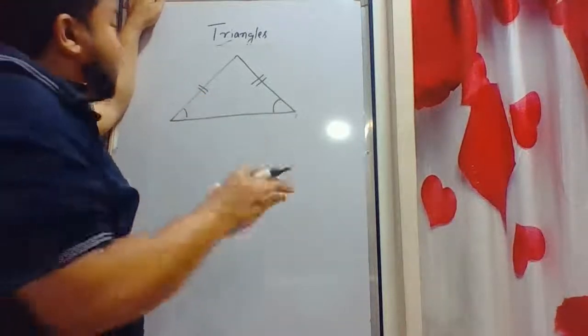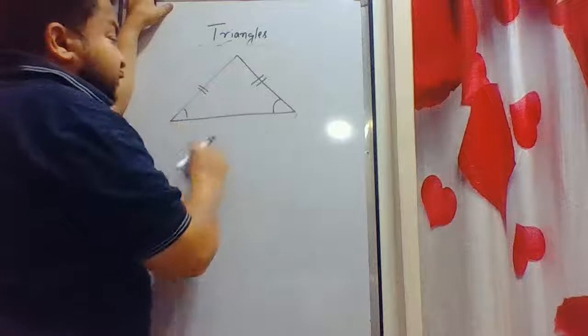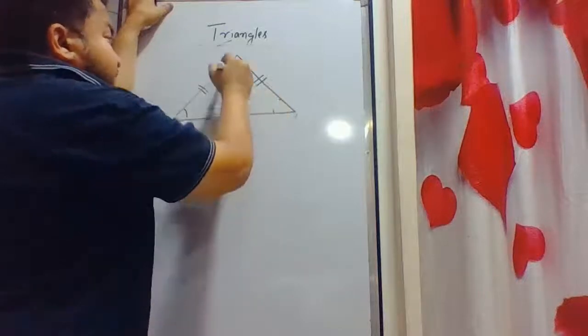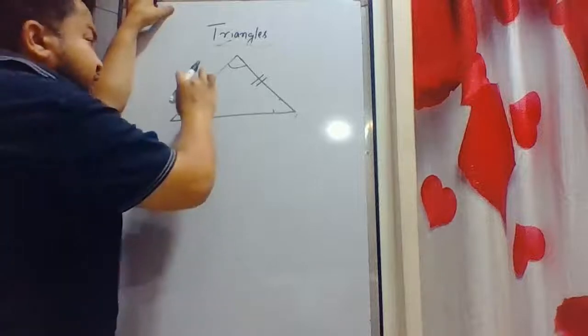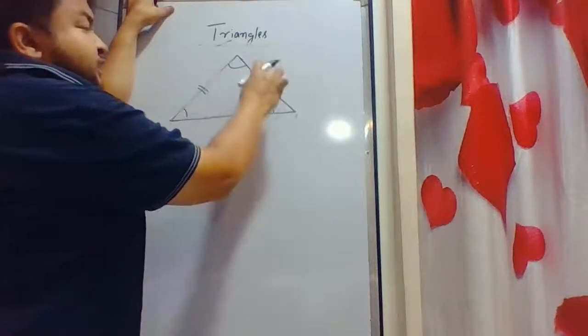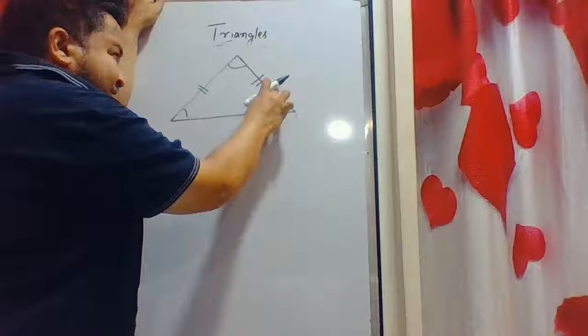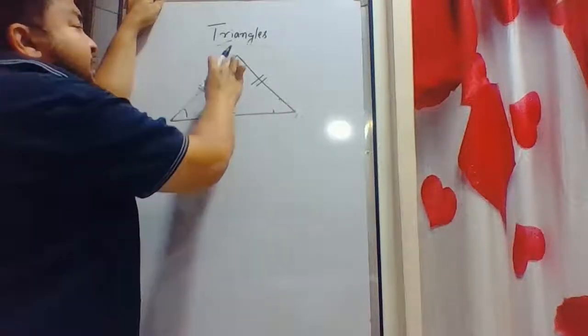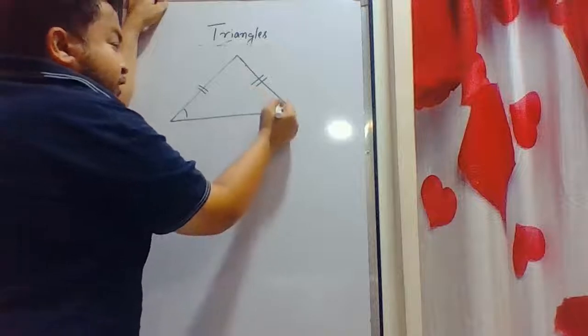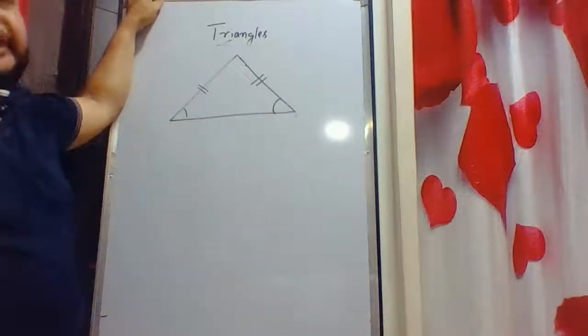Just because it is an isosceles triangle, I cannot say that any two angles would be equal, because if this side is equal to this side, then the angles opposite to those sides have to be the same. It cannot be haphazardly any two sides of a triangle.